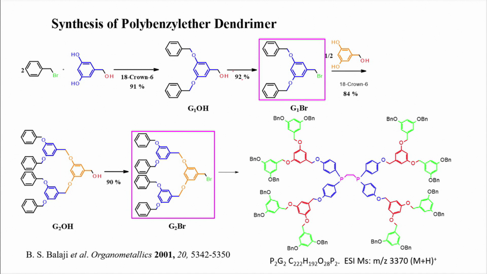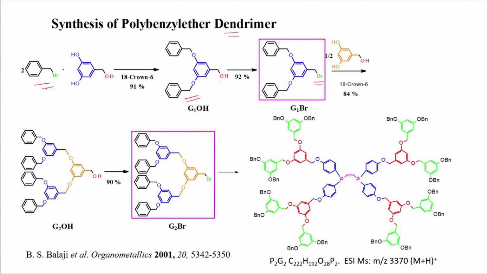Here is another example given for the application of benzylic bromides in the synthesis of various products. Here benzyl bromide reacts in the famous Williamson ether synthesis to give an ether as shown here, and this hydroxy group can be converted to bromine, and this bromine again undergoes the reaction. This kind of repetition of reactions is called dendrimer synthesis.